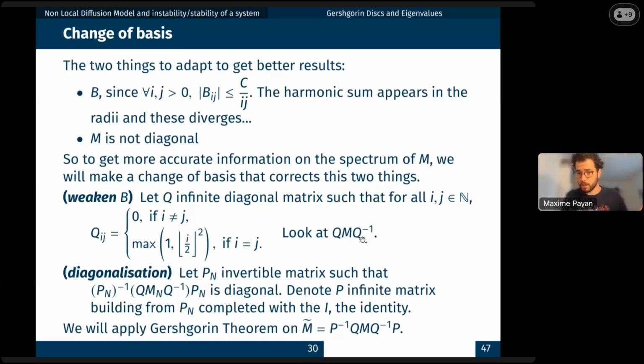So it's just a new weighted basis. Not the Fourier basis, but we put i squared on each coefficient, if you want. Okay, I see. Thank you.